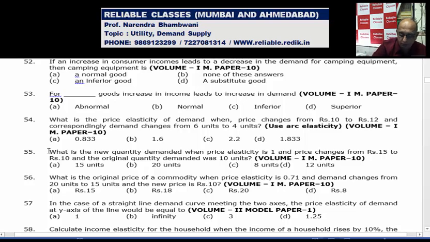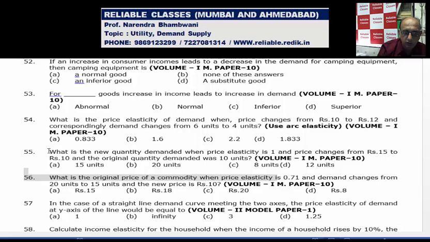What is the quantity demanded when the price elasticity is 1 and price changes from 15 to 10 and original quantity demanded is... this is obviously a mathematics sum. This we will do at the end, okay?